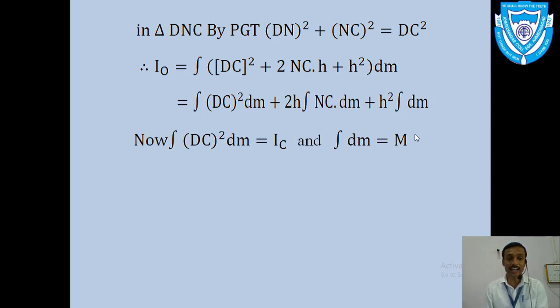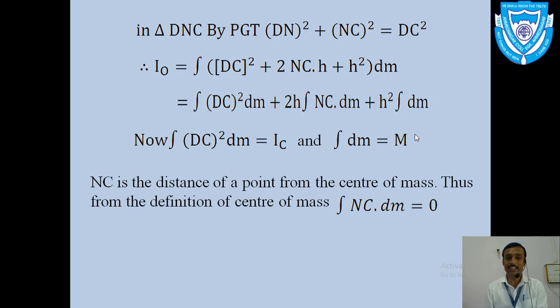DC is the distance of point D from the axis of rotation, and C, that is CD, is the distance from the center, the point D for which we have considered a small element having mass dm. So integration of DC square dm is equal to IC, and integration of dm is equal to M, the whole mass of the body, capital M. What about integration of NC dm? NC is the distance of a point from the center of mass.